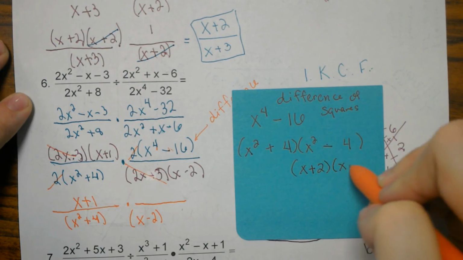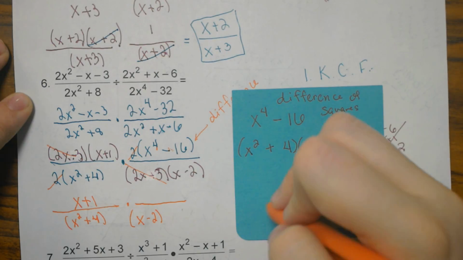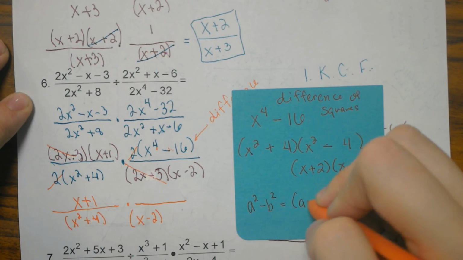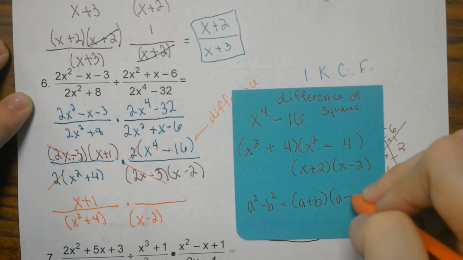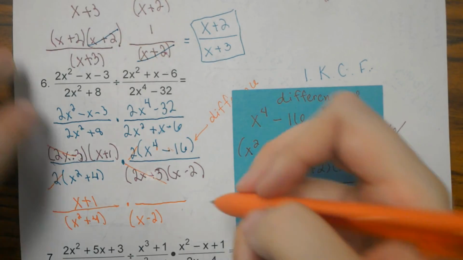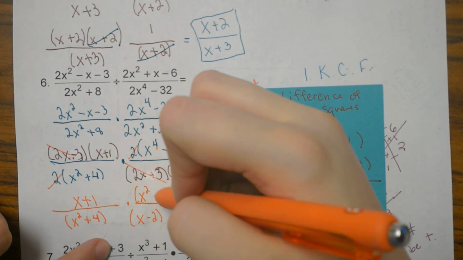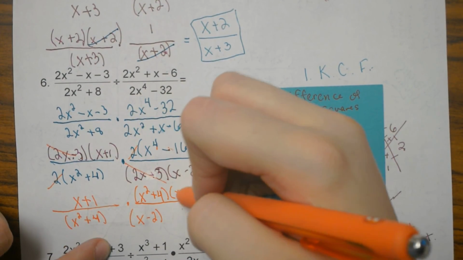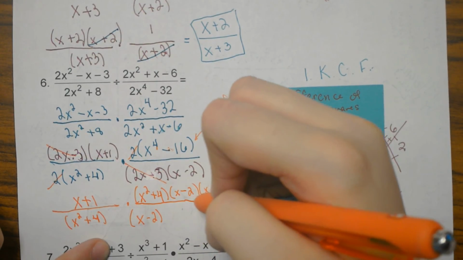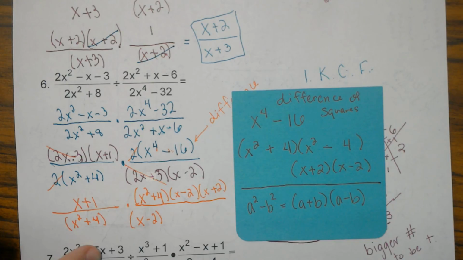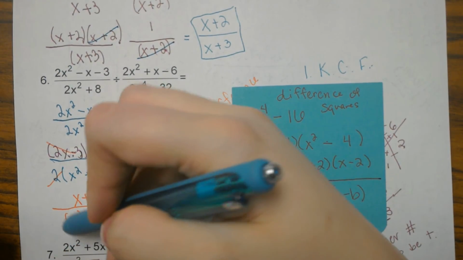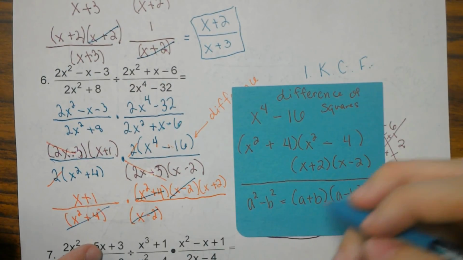So x plus 2, x minus 2. And x minus 2, x plus 4, x squared plus 4.